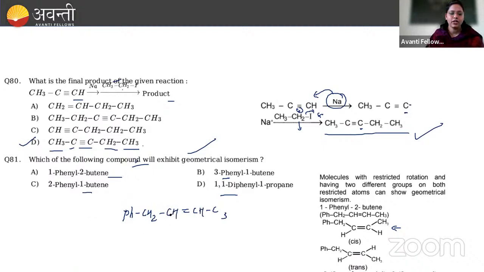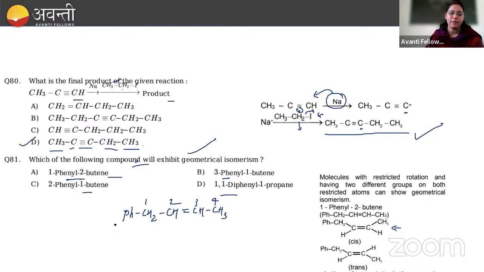Here you can see 1, 2, 3, 4. So 1-phenyl 2-butene is our structure.